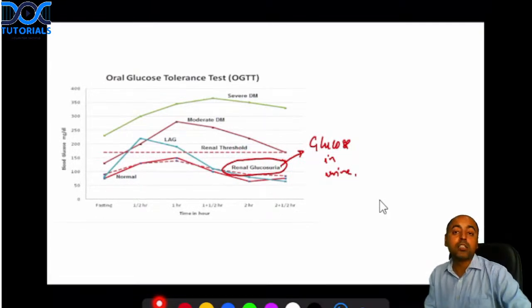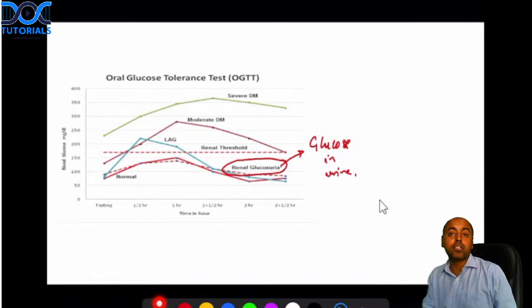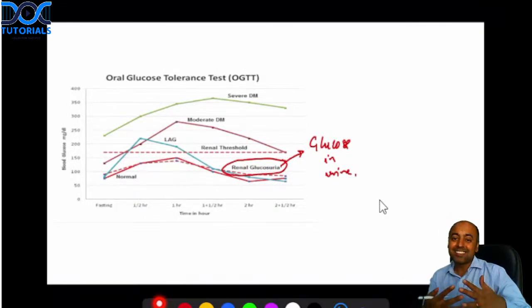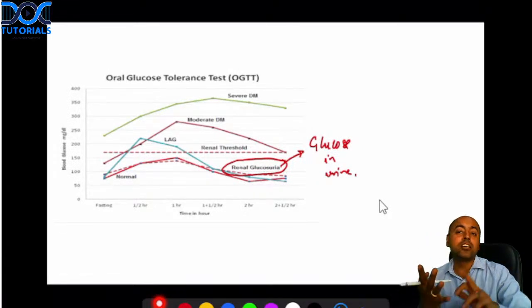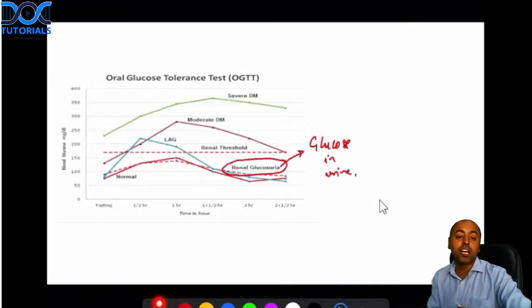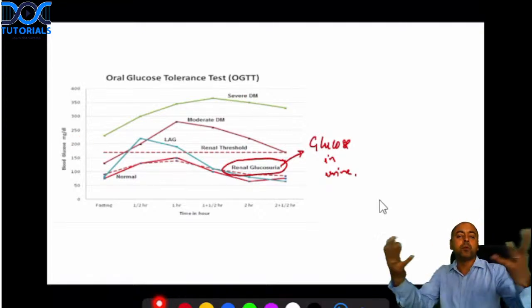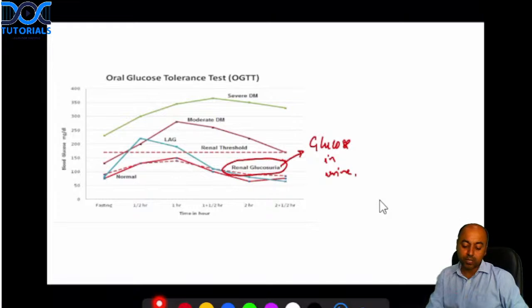So these are the cases where the normal control is disrupted. But to call the patient diabetic, we have different parameters: greater than 126 for fasting, greater than 200 at 2 hours. Based on that, we'll call the patient diabetic. So you can see here, diabetes 2-hour value greater than 200, and in severe cases obviously much higher values will be there. Let's go back to the question.